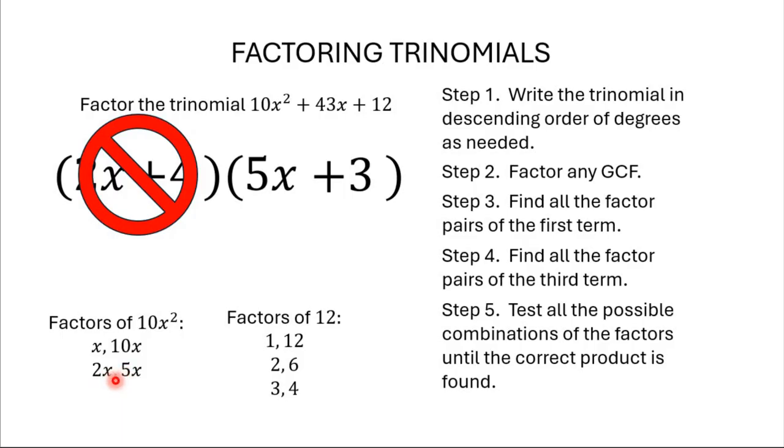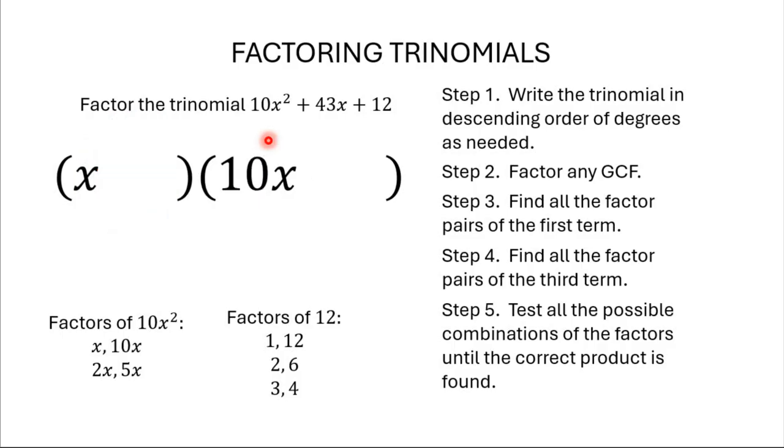But there's still one last pair I can use to give me my 10x squared. I can try the x and the 10x. So now I'm going to try x and 10x and go through all the pairs of factors of 12 until I find a combination that can give me 43 in the middle. So let's go ahead. Let's see. So let's try it first with the 1 and the 12.